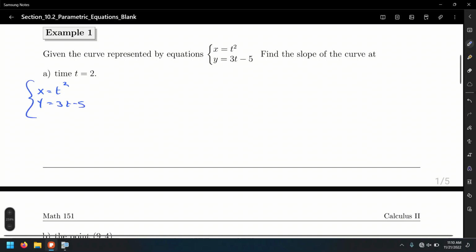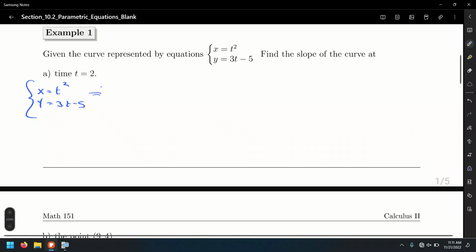They're asking us to find the slope, and in order to find the slope, we need to take a derivative. The derivative in parametric form involves finding two derivatives: the derivative of the x equation with respect to t and the derivative of the y equation with respect to t. So let's go ahead and do that.